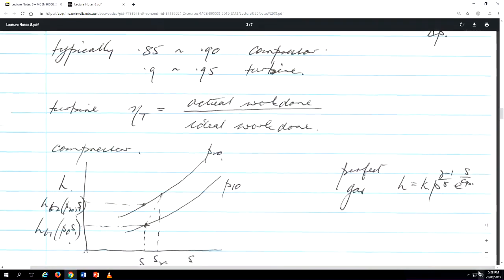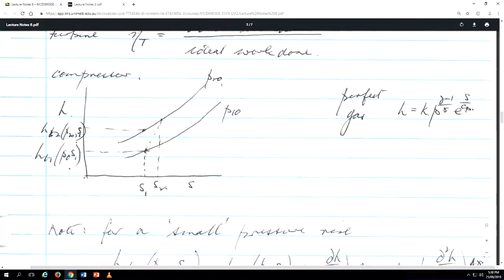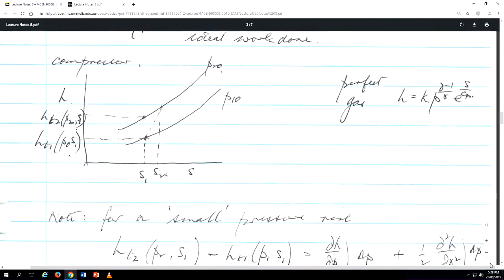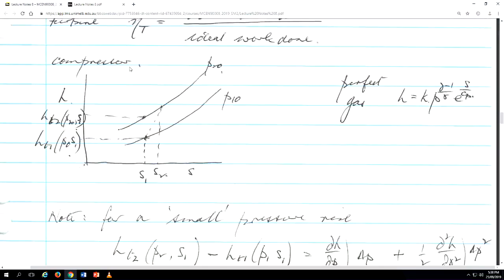So here's an illustration of a compressor. You can see that I start at S1, and the least amount of work is from here to here. This is a typical HS diagram, and a constant pressure line in a Mollier diagram looks like that.